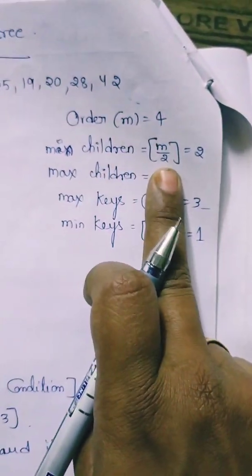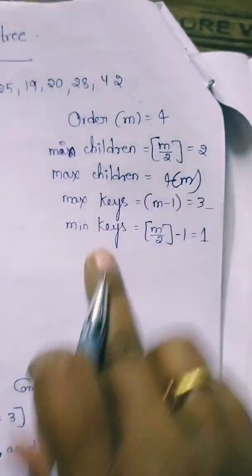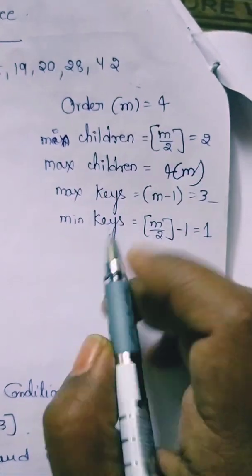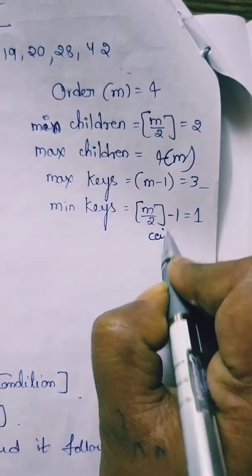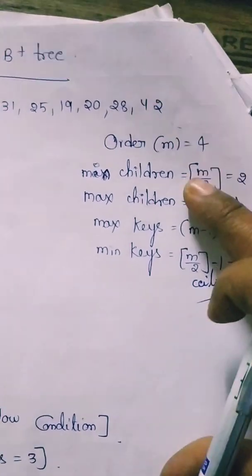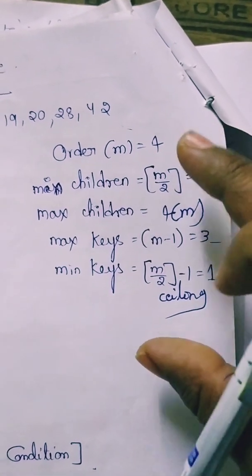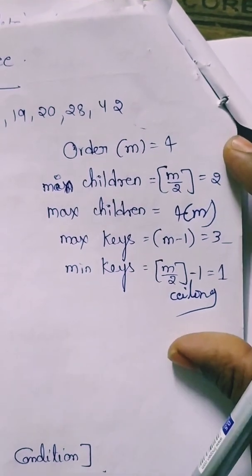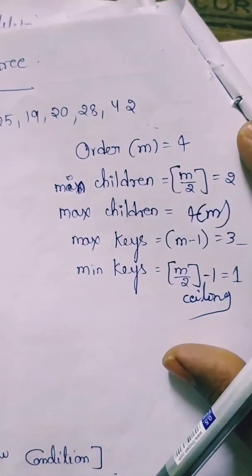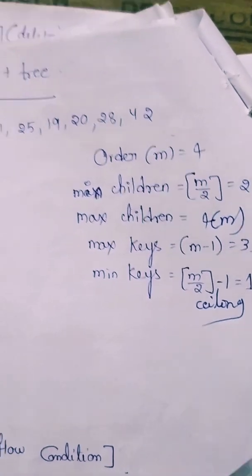Minimum children is m by 2, maximum children is m, maximum keys is m minus 1, minimum keys is m by 2 minus 1. Here we always take the ceiling value. These are the properties or formulas we have to check after every insertion. If they are not satisfied after any insertion or deletion operation, that is not a B plus tree. So they have to be satisfied.